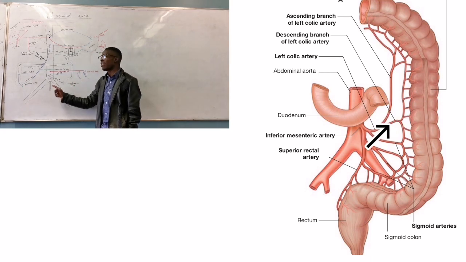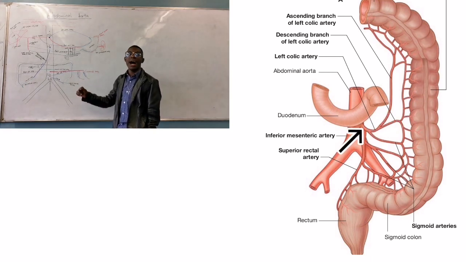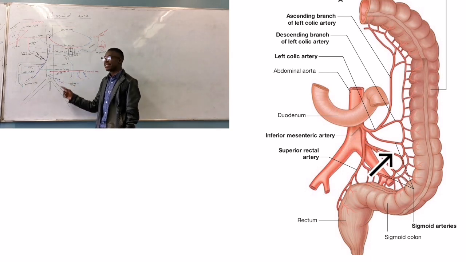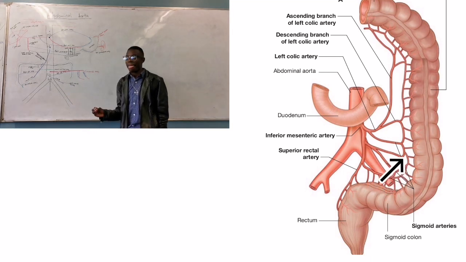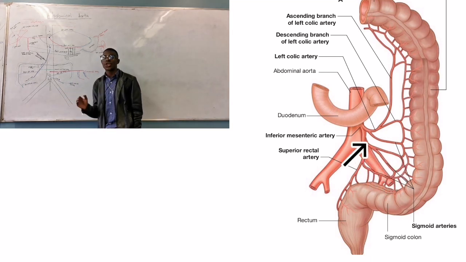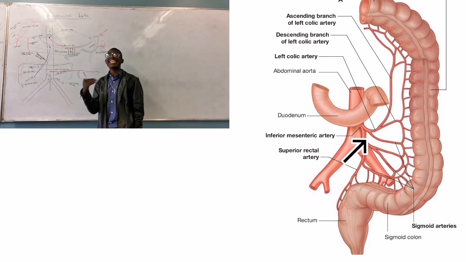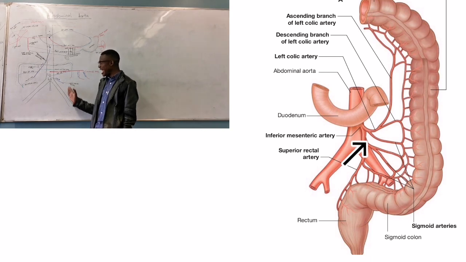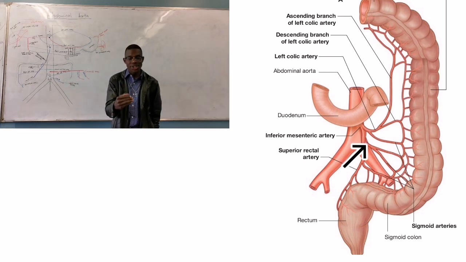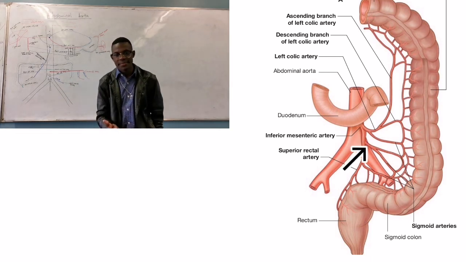And then it's going to give another branch, what we call the sigmoid arteries, that are going to supply the sigmoid, right? And then as it descends, when it passes anteriorly to the left common iliac artery, it is going to change its name.